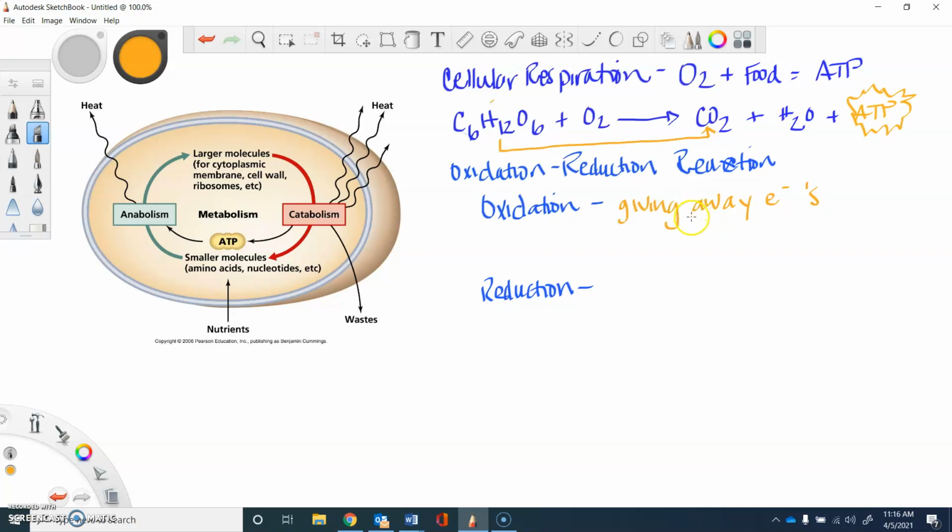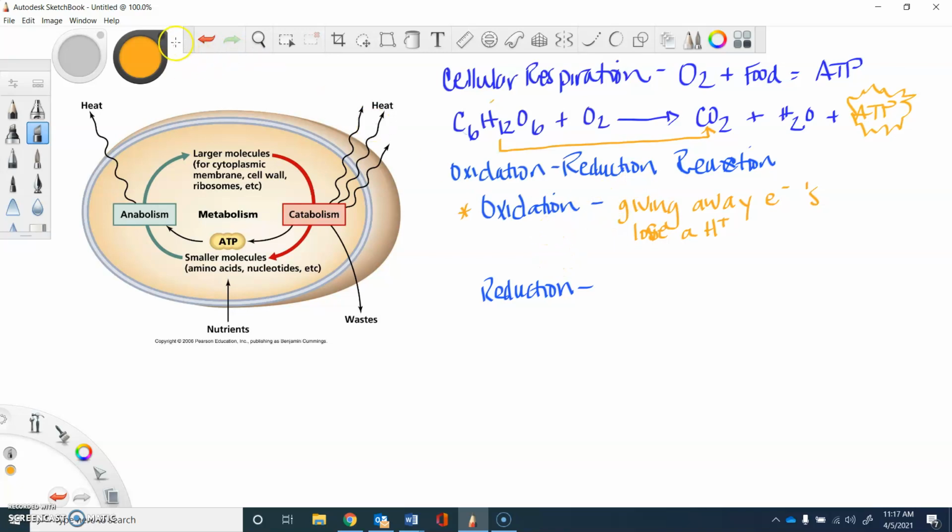Okay, and these are high energy electrons. Also, with the electron going away, that molecule can also lose a hydrogen. So a hydrogen proton. Okay. The oxidation part of this reaction is what releases energy because it's releasing those high energy electrons. Okay, so this is a catabolic part of the reaction.